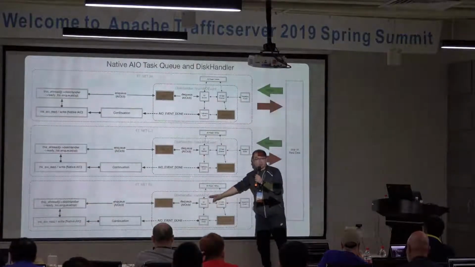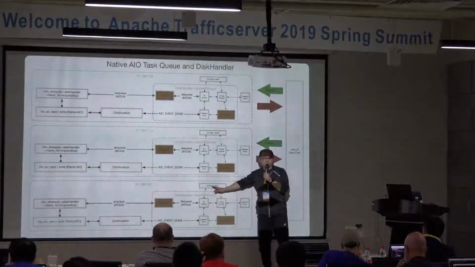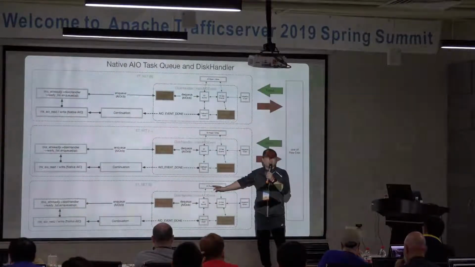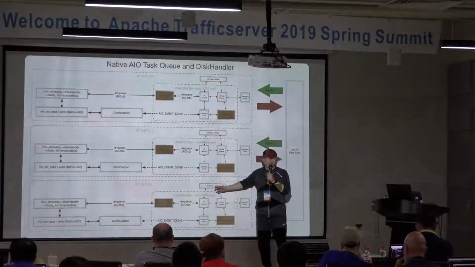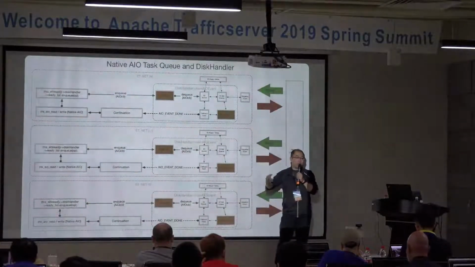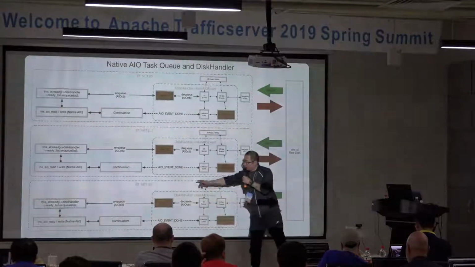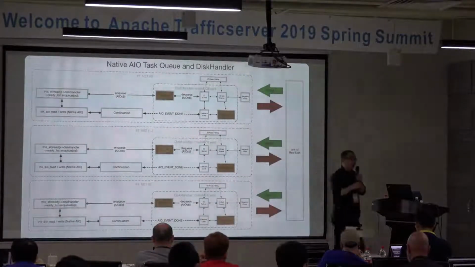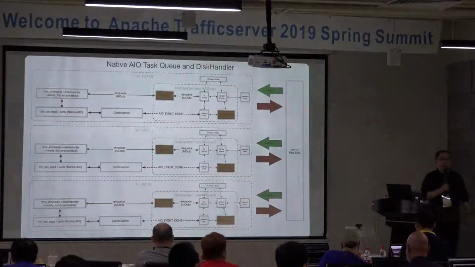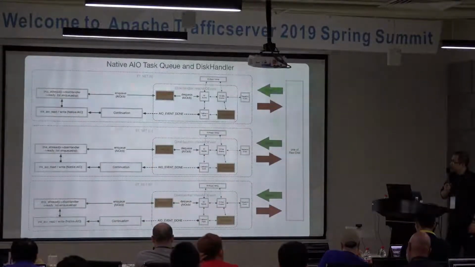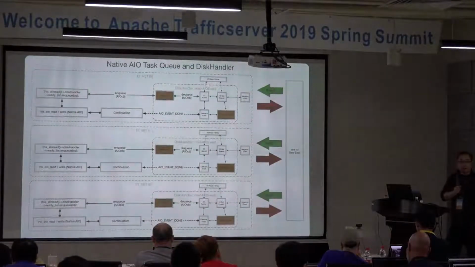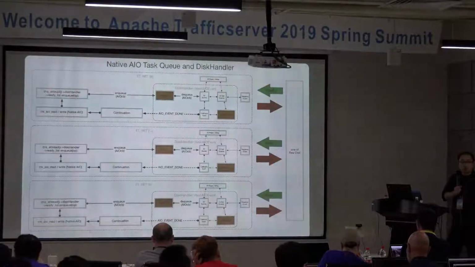The I/O task has zero timeout, and is put into the kernel. The kernel will create a separate thread to do the I/O read and write. It's not blocking the ET-net. But how does the kernel thread signal completion? Does it set a bit or send a signal? How does the disk handler know that the event has completed?